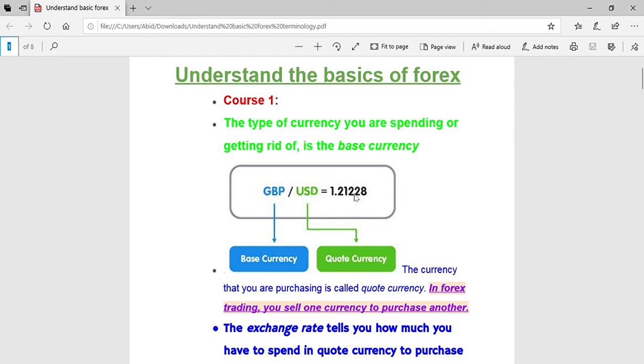We'll discuss all these things, what these are actually called. So now we learned the pair of currencies when it is traded. You see this pair is separated by a forward slash. Here is the equation sign. We separate it with that to get the value of these two.